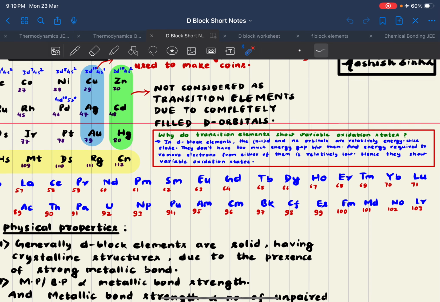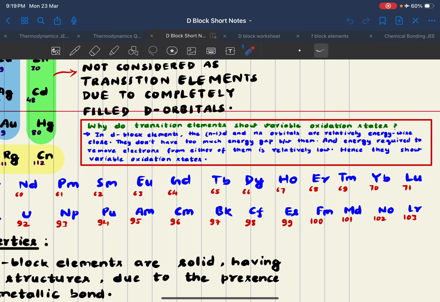Now, one important question comes to the picture. When you read further, you will get to know that the transition elements show variable oxidation states. What's the answer to this? In the 3d and 4s, or 4d and 5s, or 5d and 6s, I mean the 3d series, 4d series, and 5d series, the (n-1)d subshell and ns subshell orbitals are relatively close energy-wise.